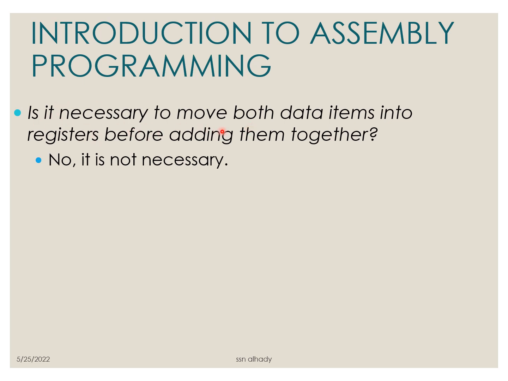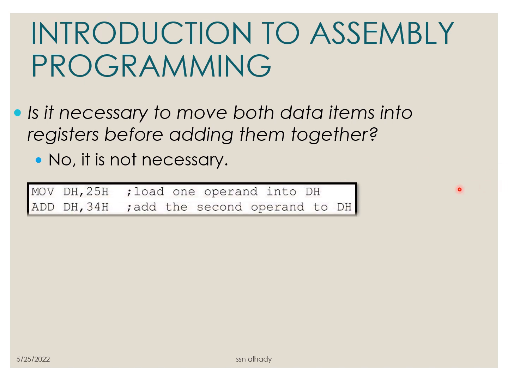Is it necessary to move both data items into registers before adding them together? No, it's not necessary. You can have another option. For example, here you use the same register DH, you load it with 25, and then you execute the second instruction where you add DH with the second value.